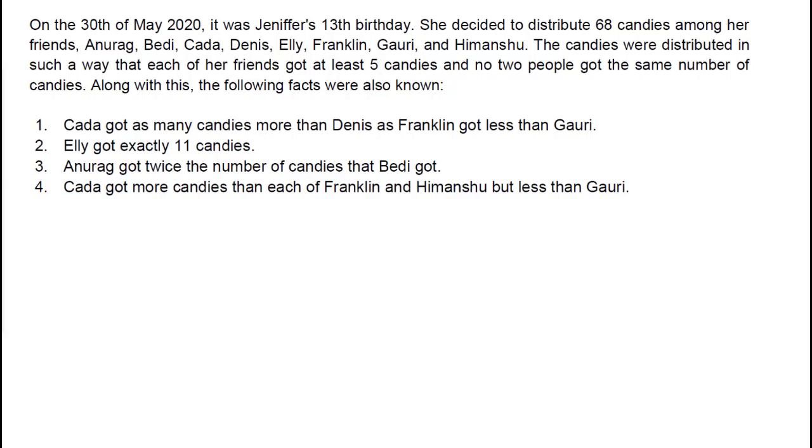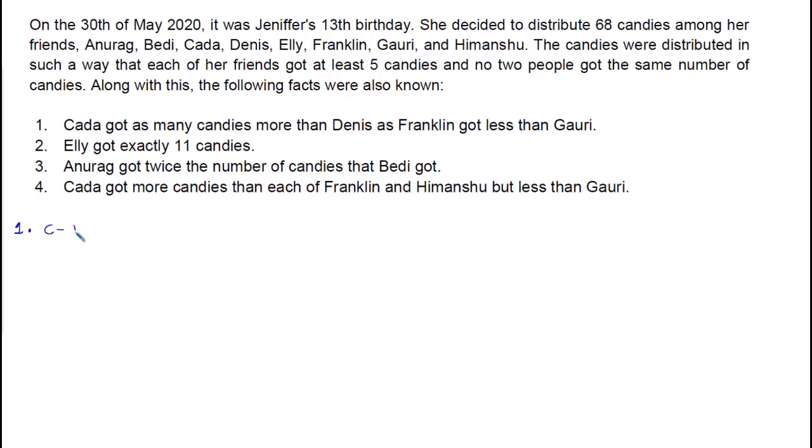According to the first statement, Kada got as many candies more than Dennis as Franklin got less than Gauri. So I will convert this statement into an equation.